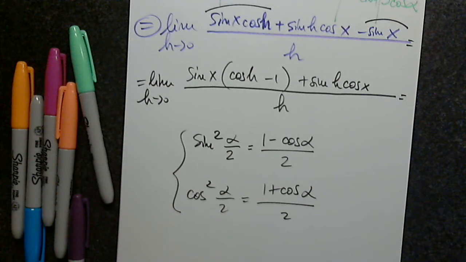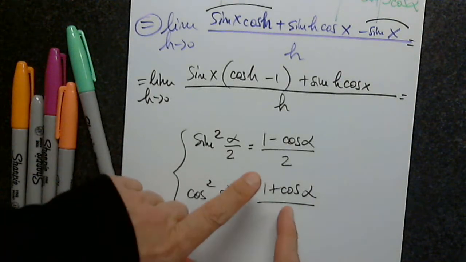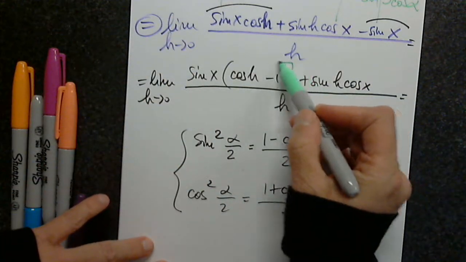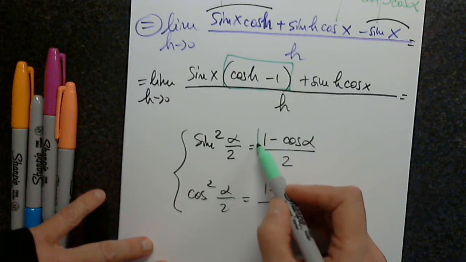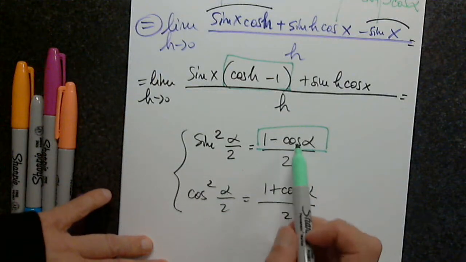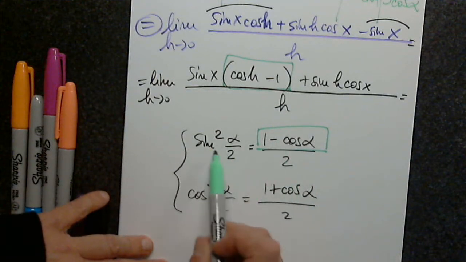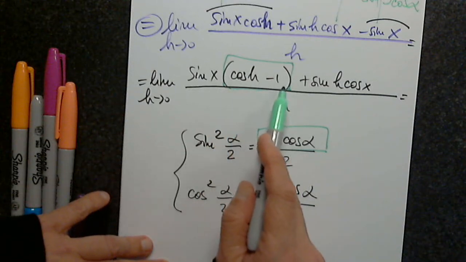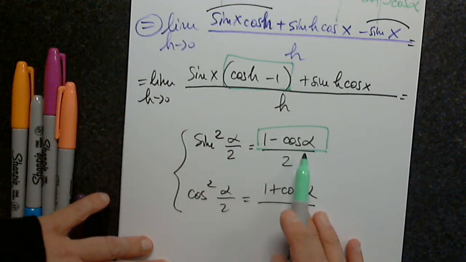And you can say, that's wonderful, but how are you going to use this here? Here's how I'm going to use it. This piece is very similar to this one after I multiply both sides by -1. So if I want to solve for this, I cross multiply and also change it because I need cosine h minus 1, not 1 minus cosine alpha.